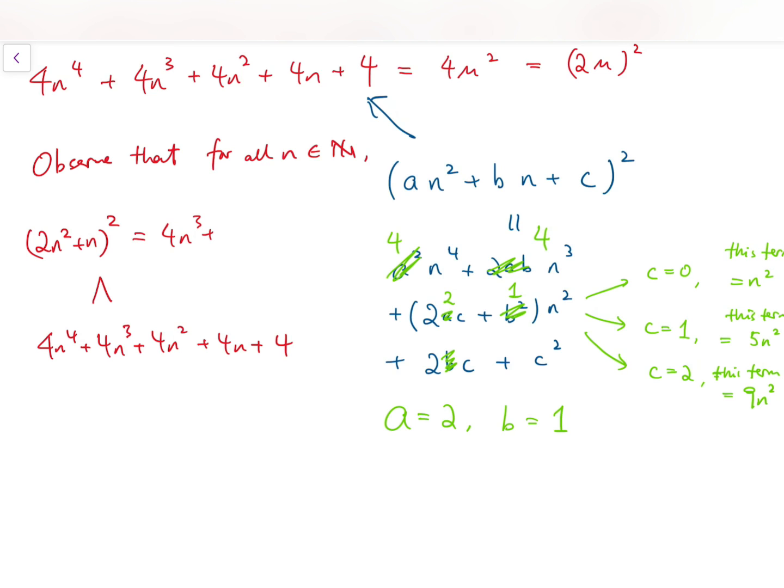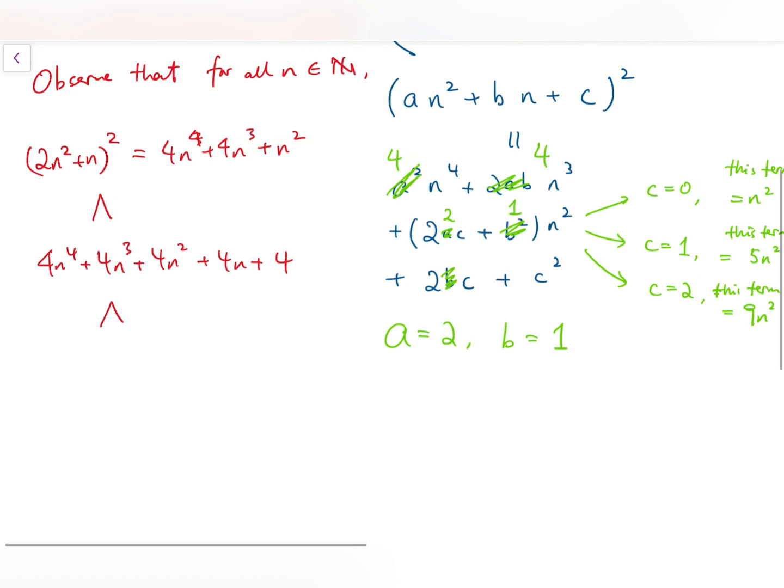Let me mark that down. This squared is 4n to the power 4 plus 4n cubed plus n squared. And our given quartic must be less than 2n squared plus n plus 2, all squared.